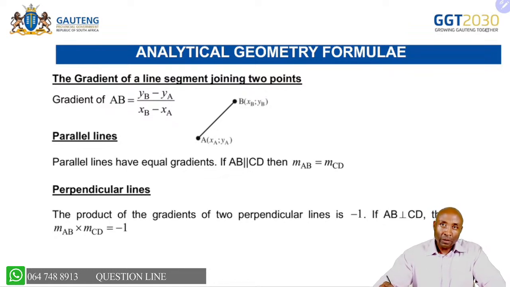If you start with the y coordinate of point A, then we must also start with the x coordinate of point A on the denominator. Common mistakes that we make: people do not refer to the formula page and they write the formulas wrong, and in the process we lose marks in this simple topic.